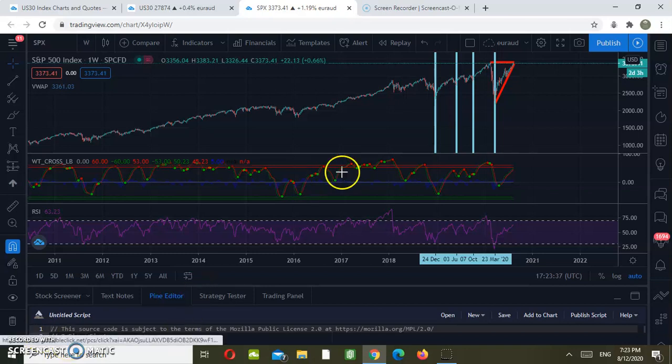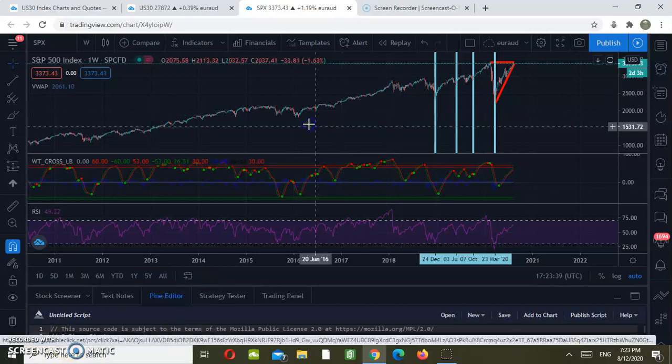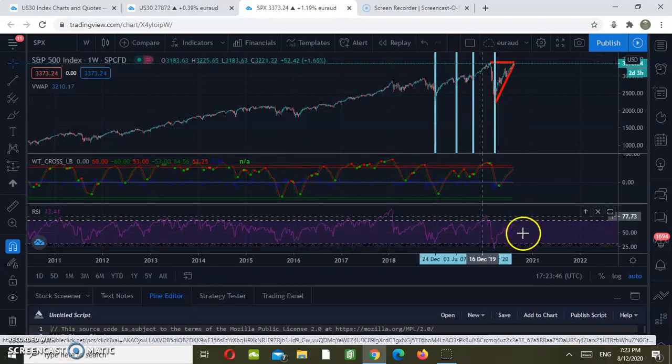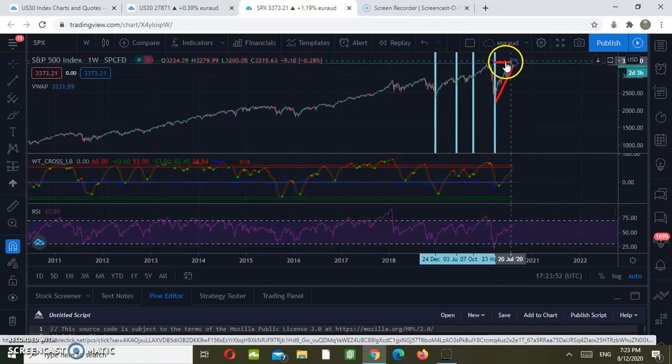The weekly chart is telling us that, while in the daily chart we detected a bearish divergence, we don't see this bearish divergence on the weekly chart. So it will be really interesting to know if the S&P 500 will have the strength to overcome this area in order to hit the all-time high, like is happening right now with the Nasdaq.